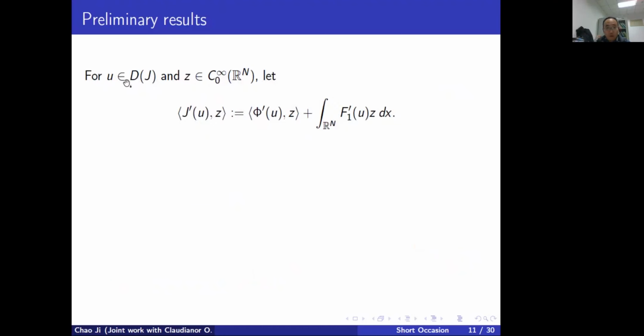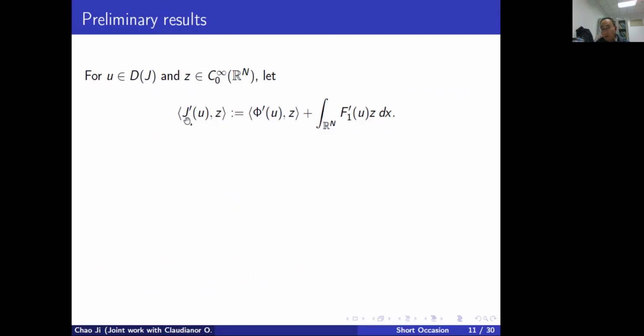If g of u is finite, it means z belongs to this set. It means z has a compact support. So this equality is meaningful because z has a compact support.